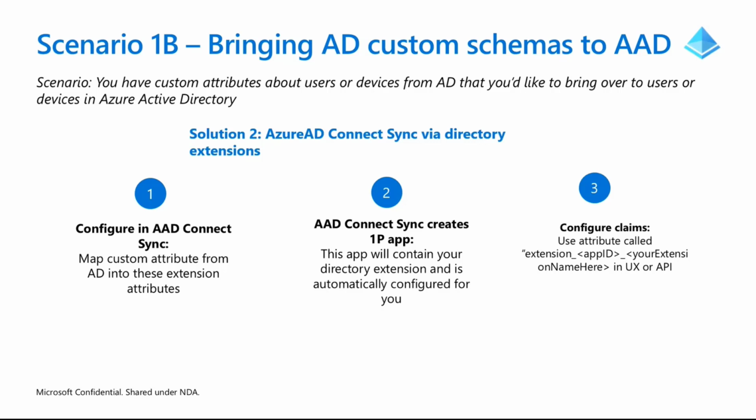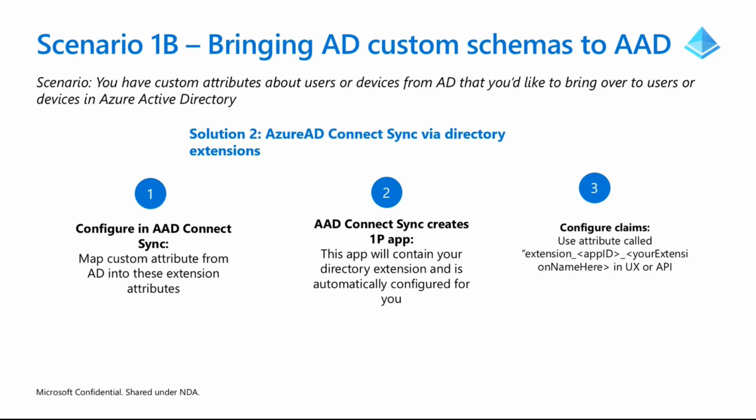That's where you can use them in the claim, and the extension names look like extension_appID_yourExtensionName. You can use them in your user experience, API, or PowerShell, and map these particular claims. There are a few limitations around this, but overall there are 100 different extensions available with a maximum of 255 characters limit.